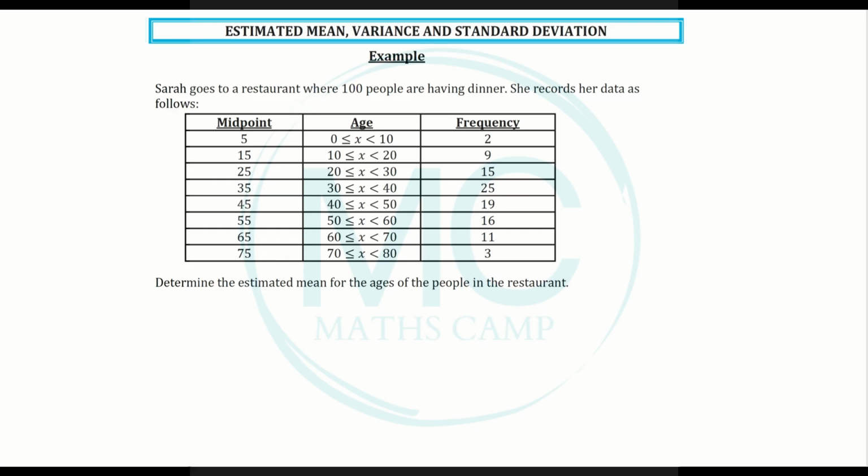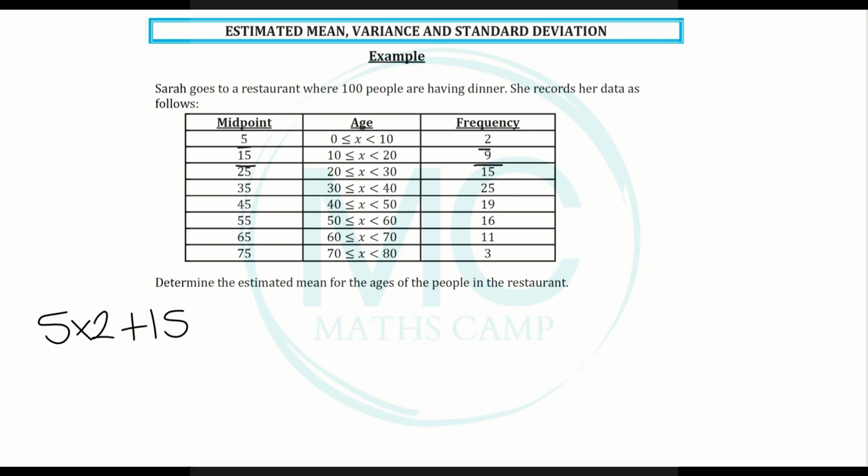My next step is to multiply every midpoint by its respective frequency. So I have 5 and 2. I can say 5 multiplied by 2. Then we're going to add 15 and 9.